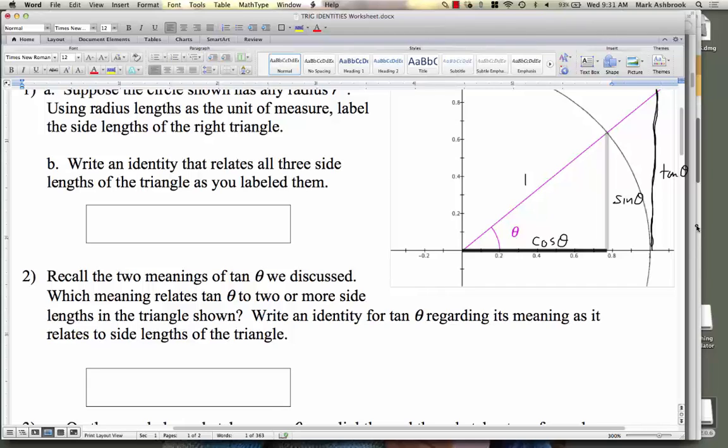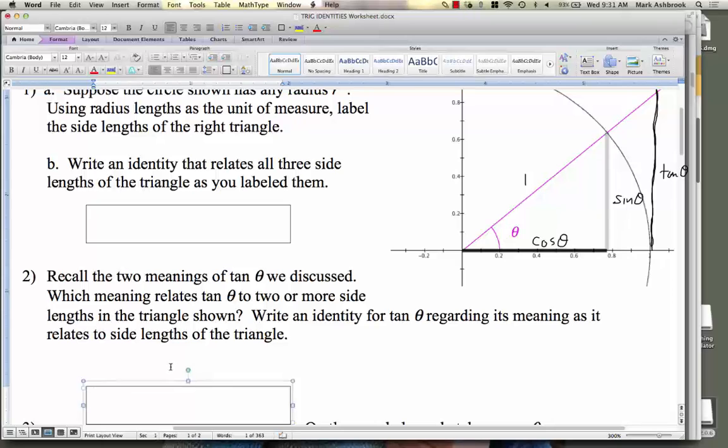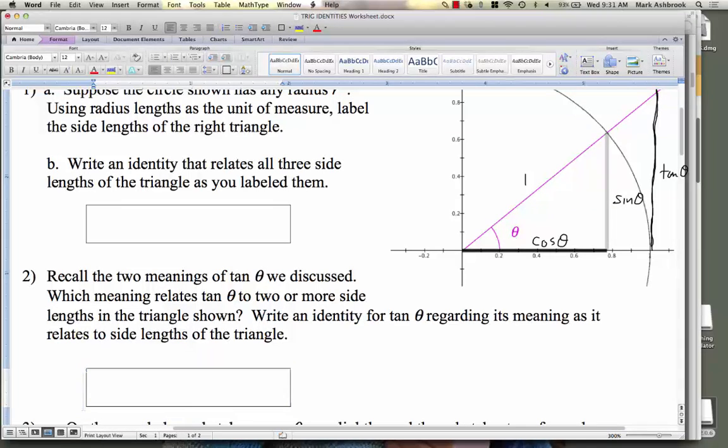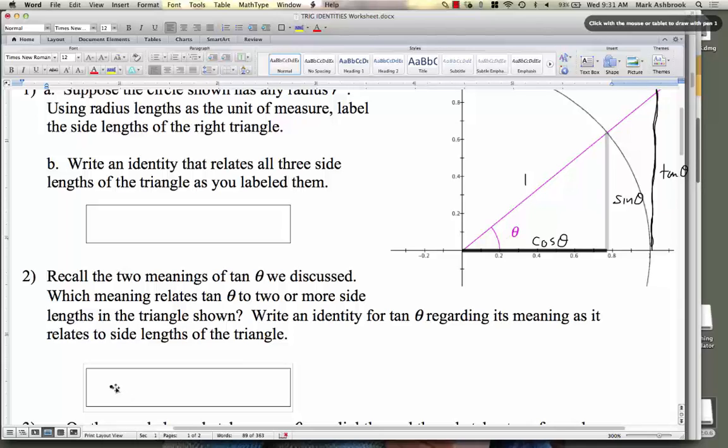But then we said we had another meaning for it. What was the other meaning for tangent theta? And that was what your homework focused on. Slope of the terminal side. How could we write the slope of the terminal side? Yeah, so it would be change in y. So the slope of this pink line here.